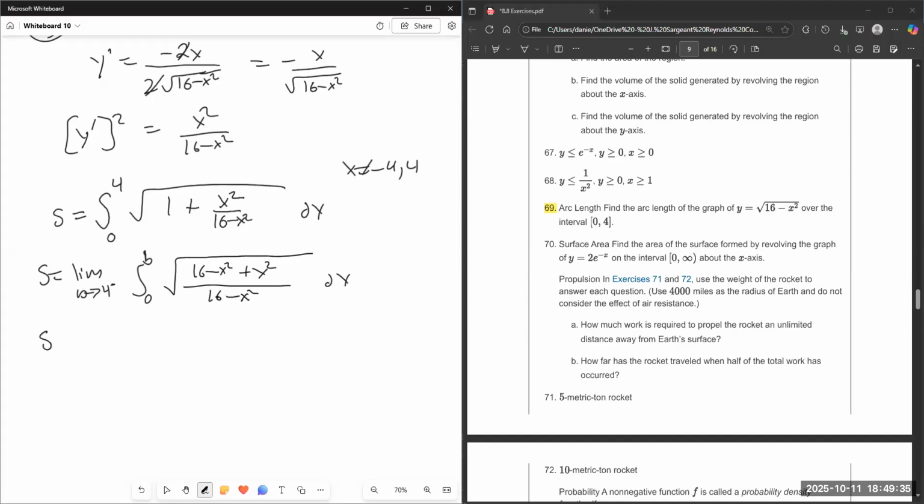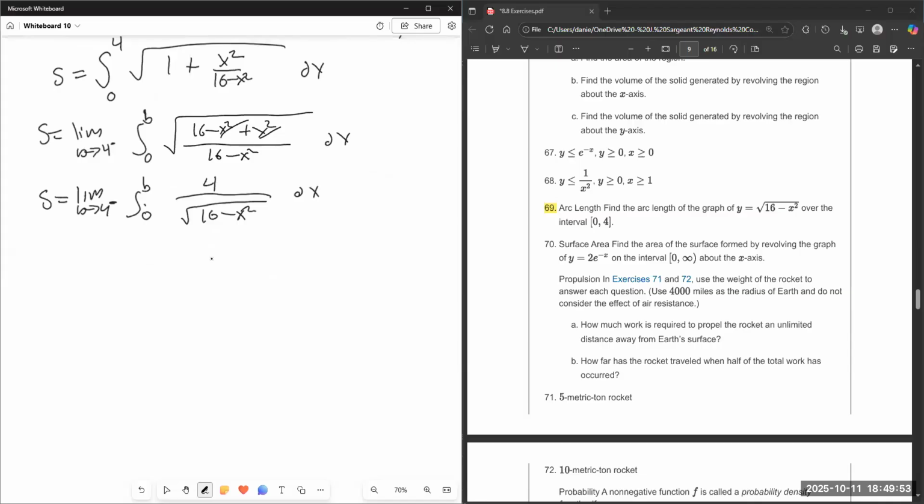So s is equal to the limit as b goes to 4 from the left, 0 to b of the square root of 16, which is 4, over root 16 minus x squared dx. I'll pull the 4 out front.